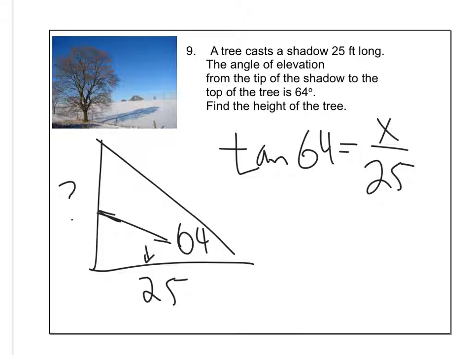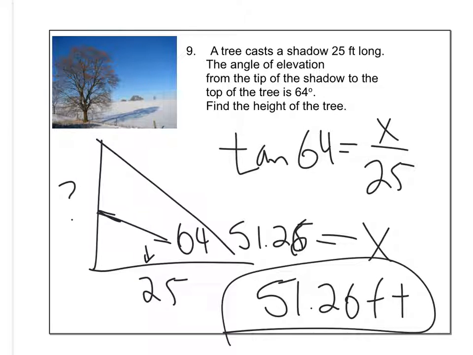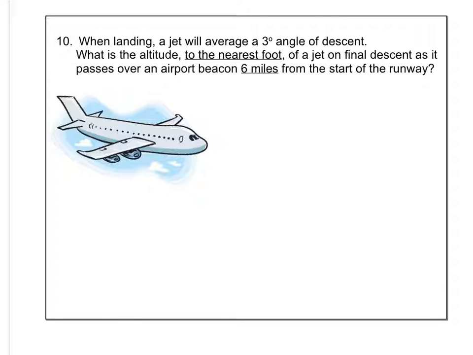Don't break your brain trying to figure out what that is. So tangent 64 times 25. That means this thing is going to be 51.25, approximately, 6 if you want to be technical. So this one's going to be 51.26 feet, rounded to 2 decimal places. But set up, draw a picture that represents your information.